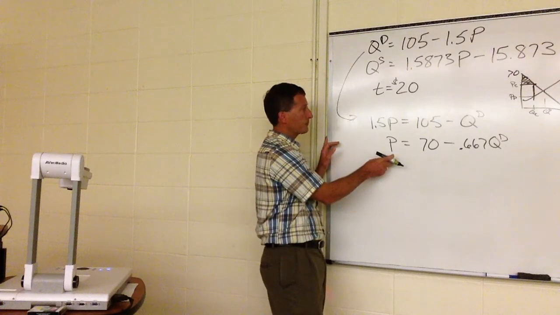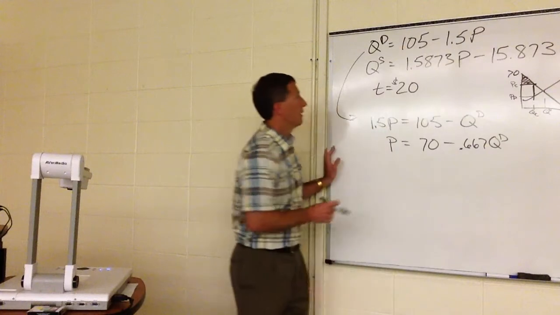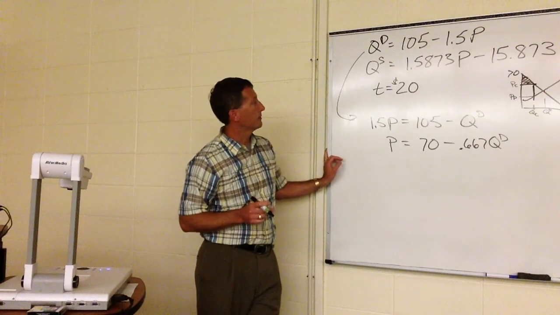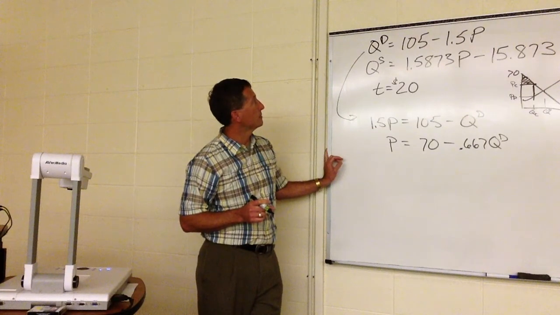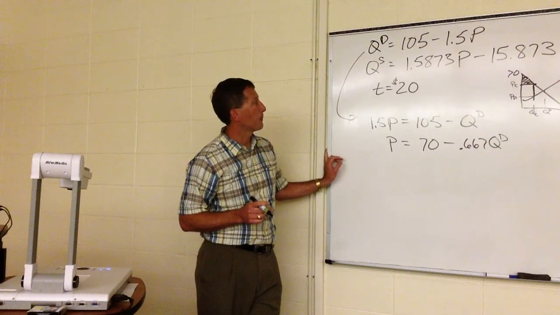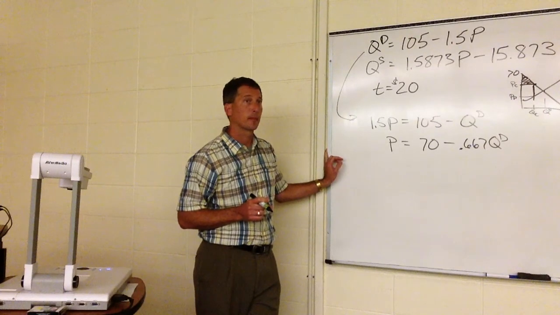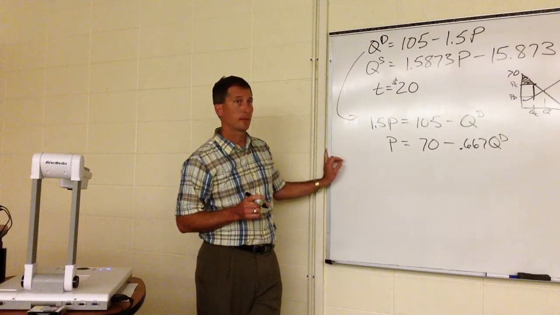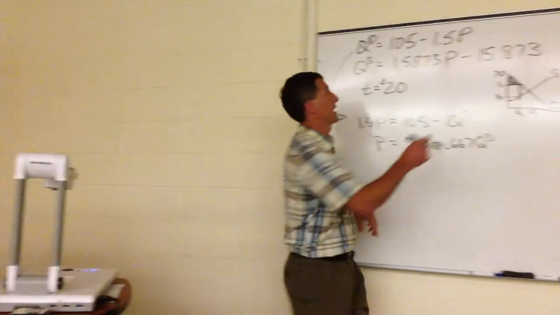And now we are going to need to implement the tax. How'd you do that? I added 20 to the supply. Okay, this supply function, so we'll just add 20 on here?